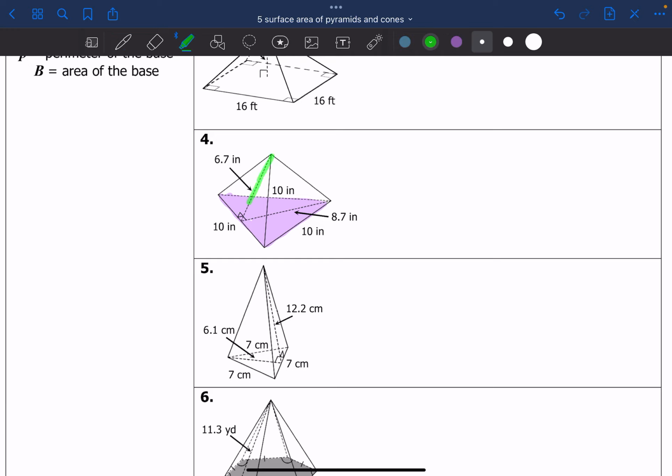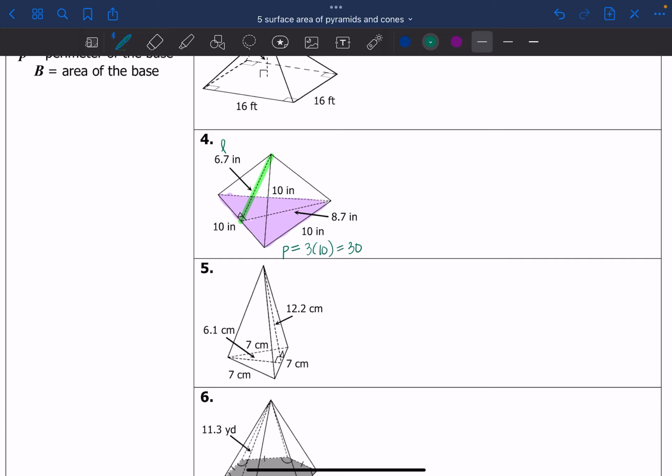That is this right here. So 6.7 is going to be our L. And then we need to find the perimeter of the base. This time, the base is a triangle, so I only have 3 sides. So this that I have highlighted, that's the perimeter. All 3 of them are 10. So 3 times 10 would give us 30.